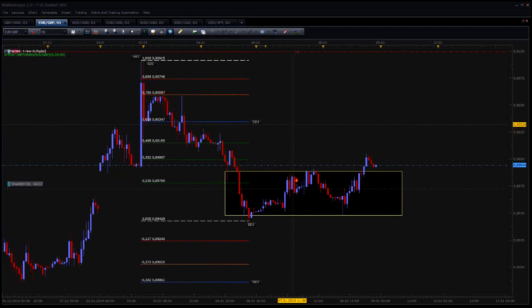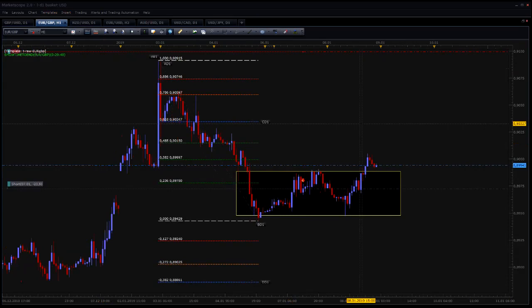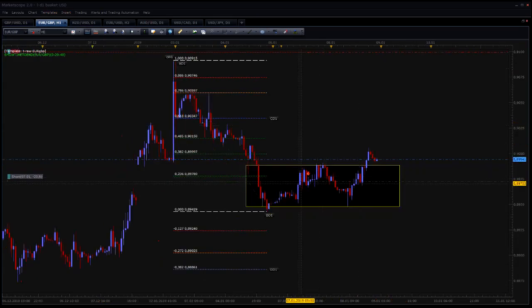Okay, so this is where we are with euro pound, and we move on to the next one. I'm trailing it downwards. I entered here, at some point here. And I'm just being kicked around in a consolidation. Nice.